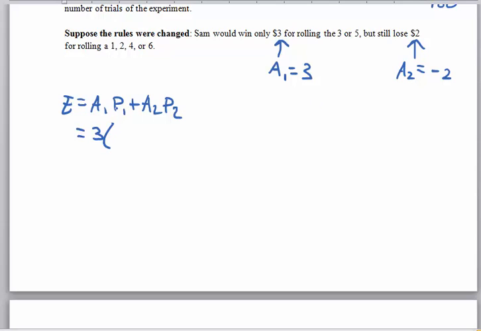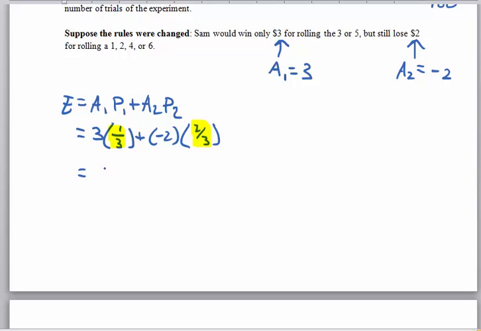That's going to stay 3, and the P1 is still 2/6 or 1/3, and the A2 is -2 still, and the P2 is still 4/6 or 2/3. And again, the thing that you should note here is that the probabilities add up to 1, right? That's something that you should check on, really, when you do these problems. Make sure that the probabilities add up to 1, and 1/3 plus 2/3 is 1, okay?